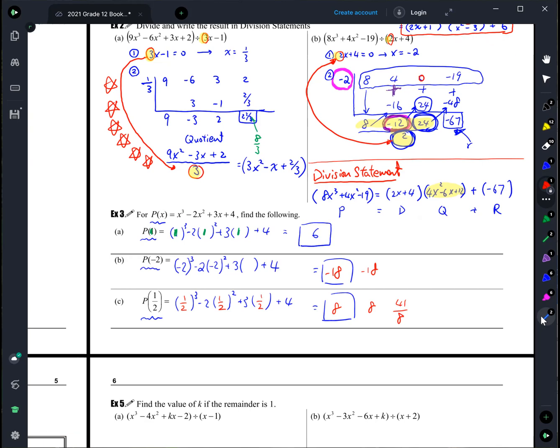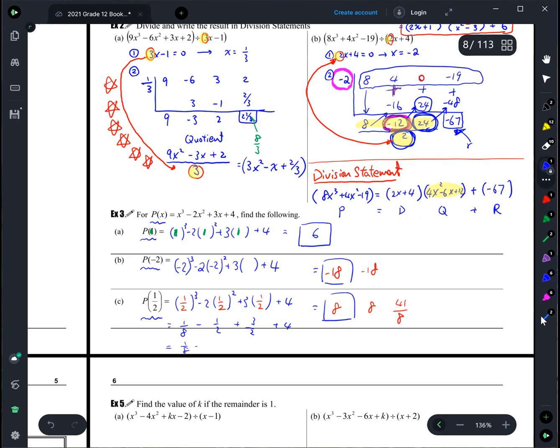Okay, so make sure you have brackets. If you're doing it by hand, 1/8 minus, that's 1/4 times 2, so 1/2, plus 3/2, plus 4. Common denominator, right? So you would make everything over 8. 1/8 minus 4/8 plus 12, and then 32.